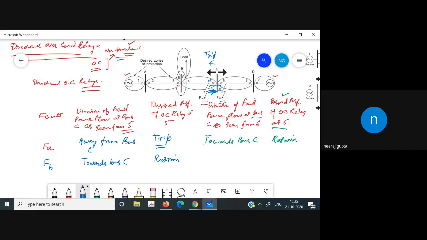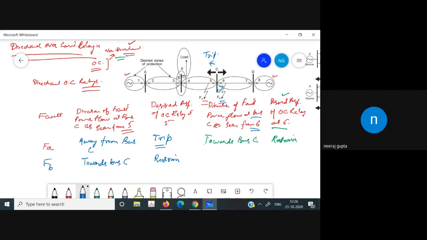Now, direction of the fault power flow at bus C, as seen from the 6. So it is happening within its own zone. So this fault is happening in its own zone.